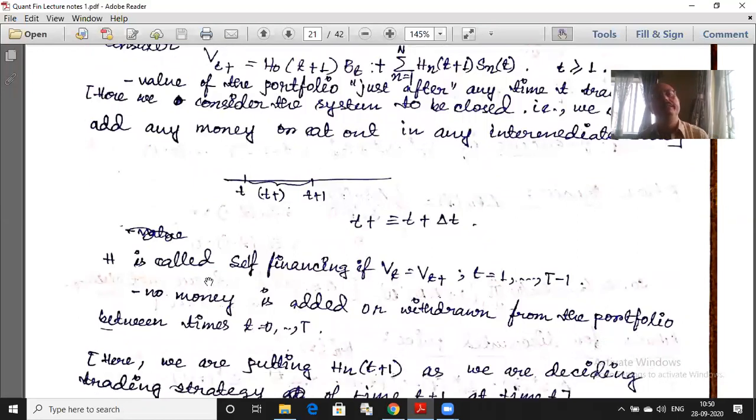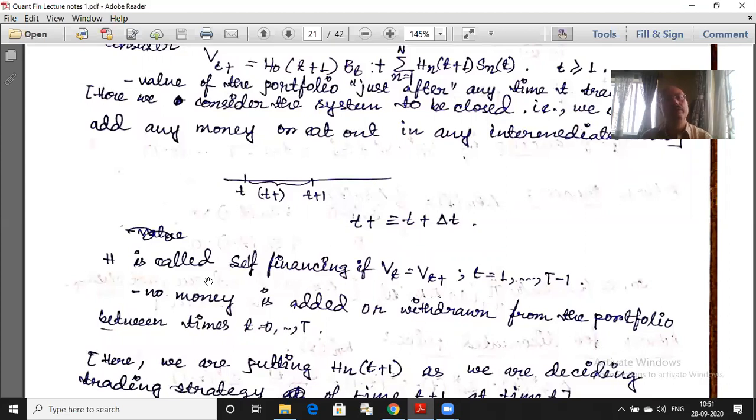I say that a trading strategy is self-financing if VT plus is equal to VT. So till the market is open again, till I enter date t plus 1 and get new information, the value of the portfolio cannot change.